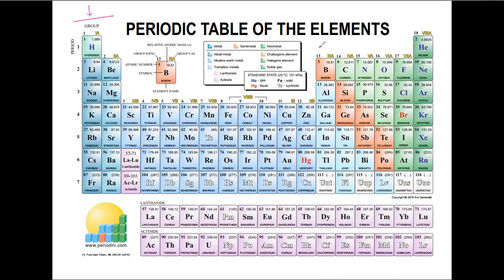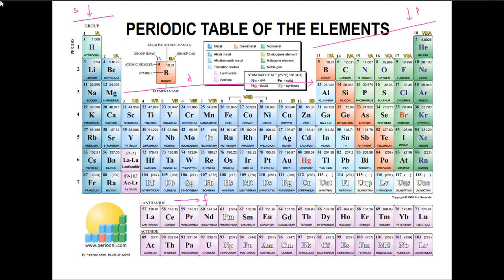S block and the P block, remember them in this manner. The D block in this. Even the F block in this pattern. You have to remember them for sure. Okay, so this is how you have to remember.